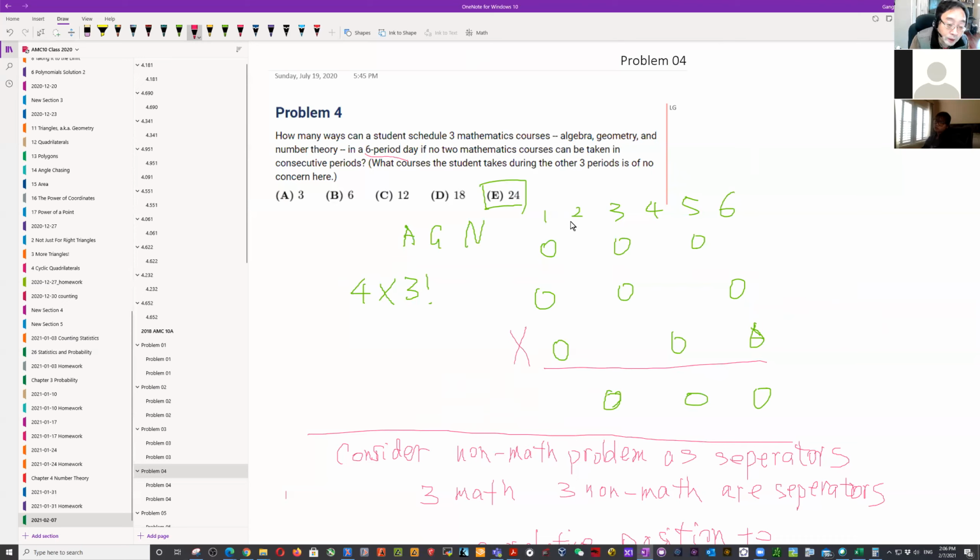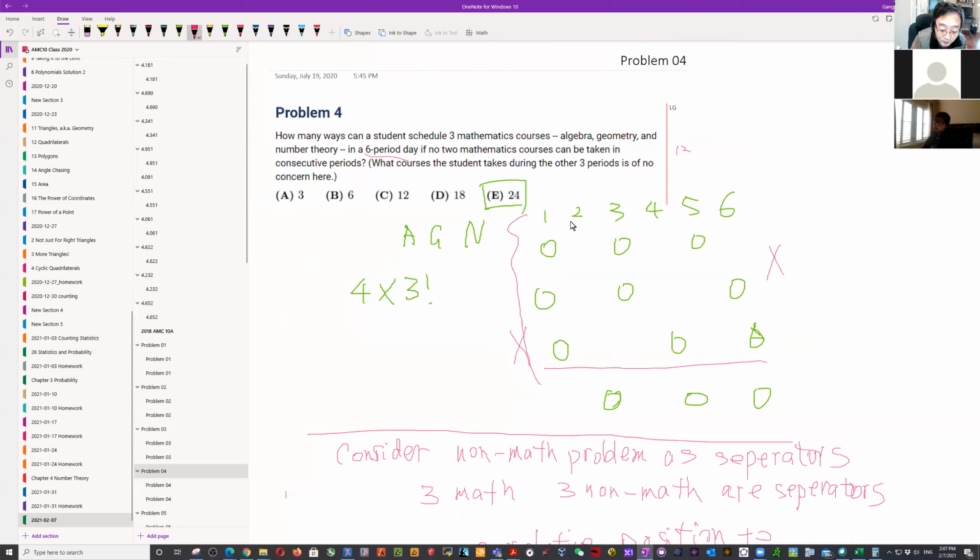For example, if I say, how many ways can a student schedule 3 math classes in a 12-period day, if no math course can be taken in consecutive periods, then this method will be totally out, because how many ways are there for you to lay this out?